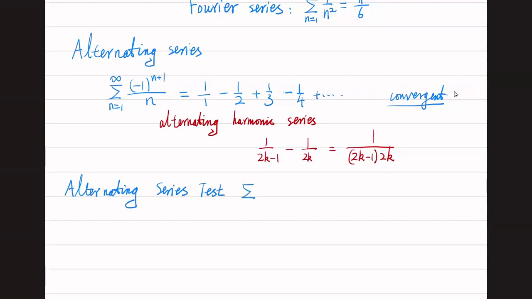Let's see sigma. Here we assume Bn is positive.